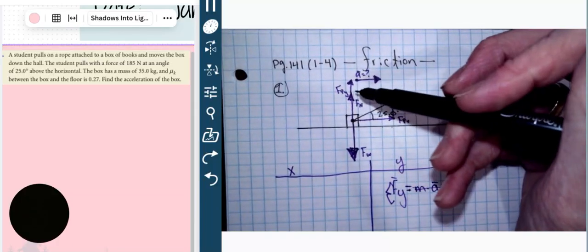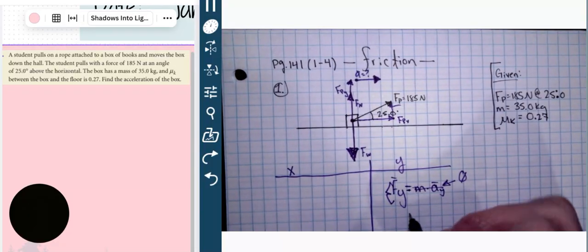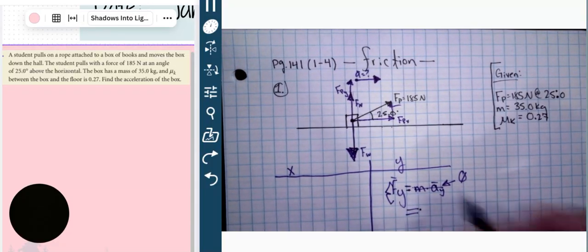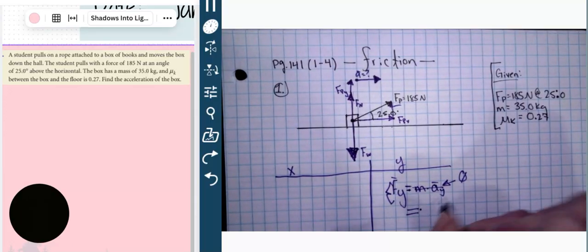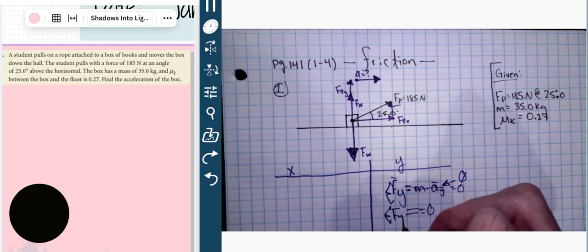Anytime it's not moving in a direction, then it's definitely not accelerating. If it's moving at a constant velocity, also not accelerating. So I can say that's equal to 0, my summation of my forces in the y.